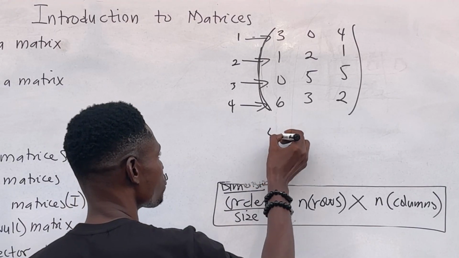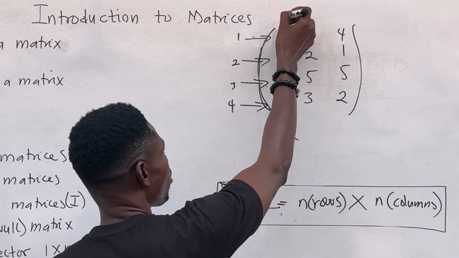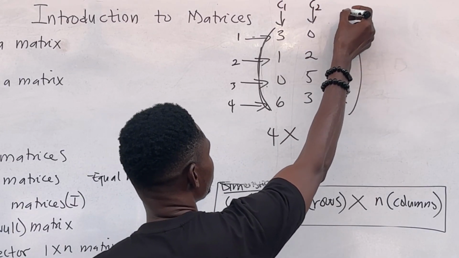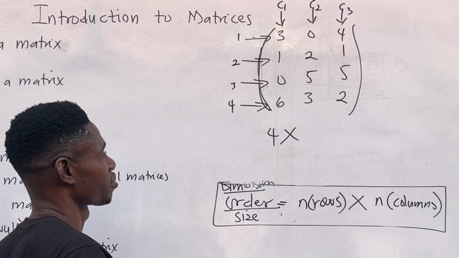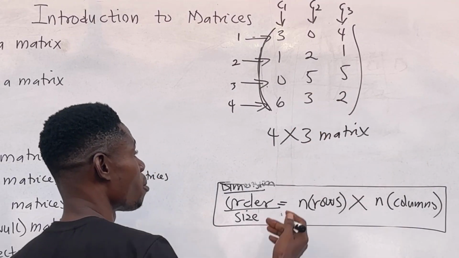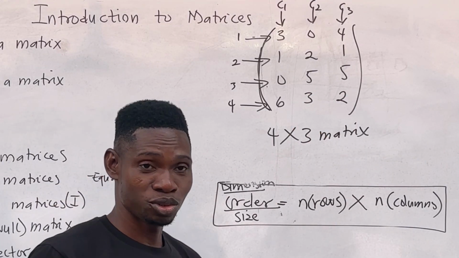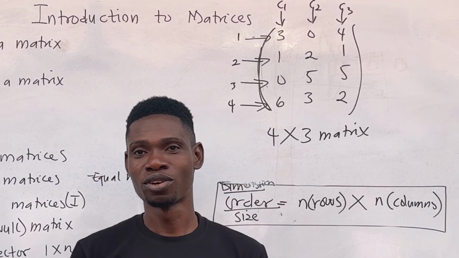So this is a 4 by how many columns? We have column 1, column 2, column 3. So 4 by 3. So this is a 4 by 3 matrix. And that's it. So the order of a matrix is just the number of rows by the number of columns.